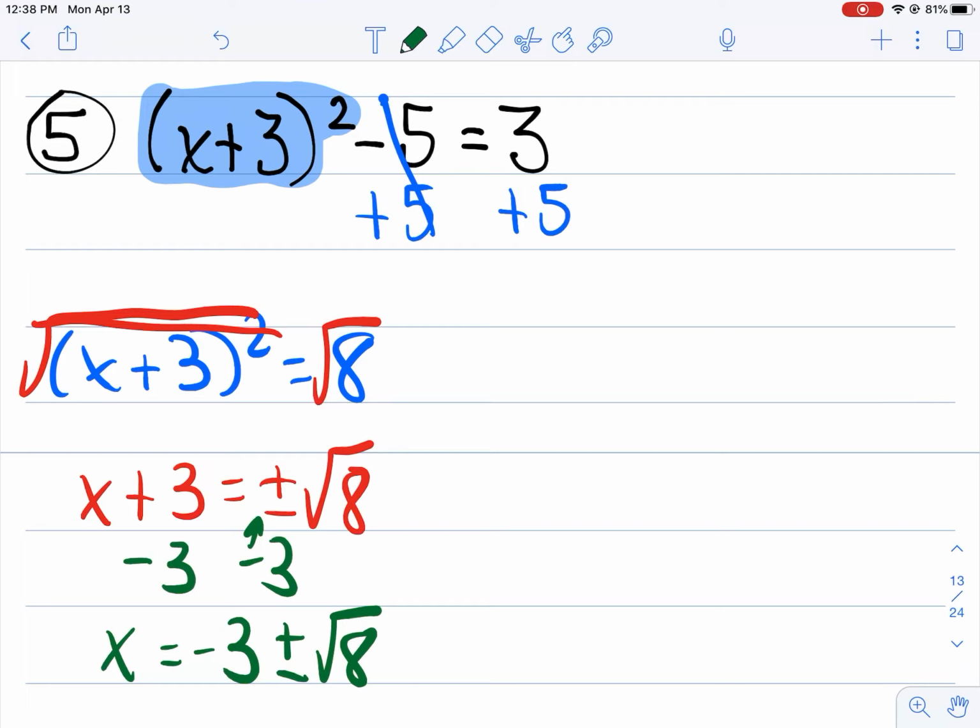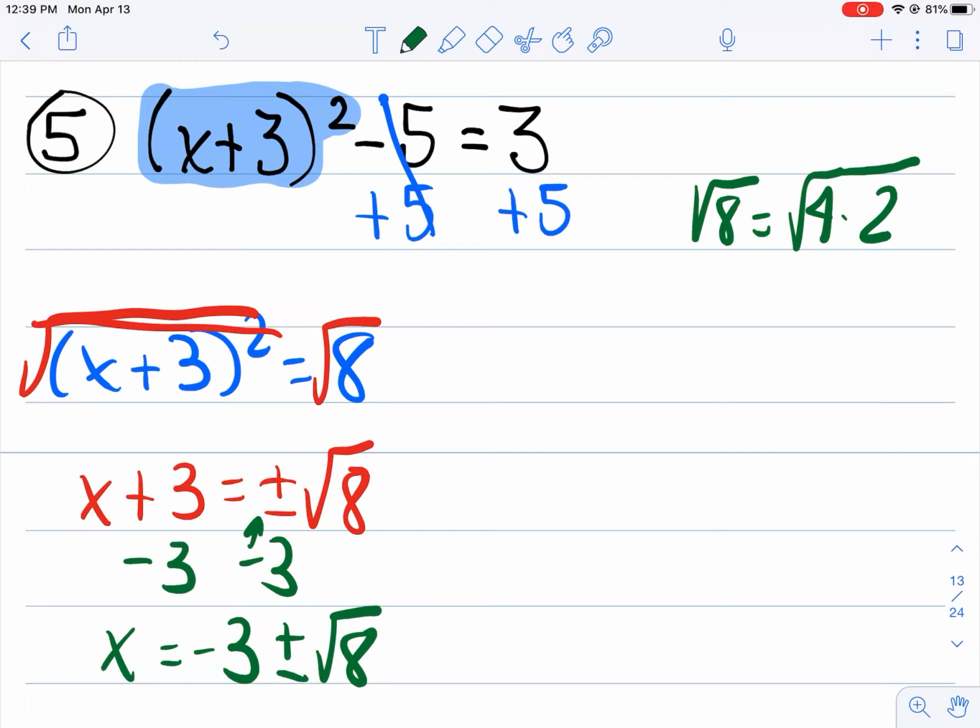Now that would be great if the square root of 8 didn't simplify, but it does. So we need to put the square root of 8 in reduced radical form. We've done this before. I'm just going to take the square root of 8 and write it as a product using a perfect square factor. So the square root of 8 equals the square root of 4 times 2.